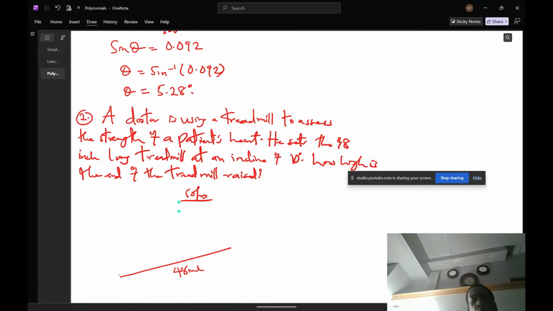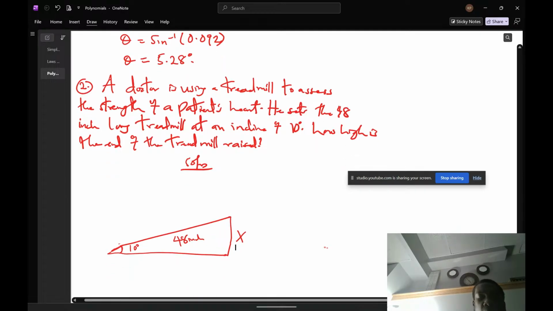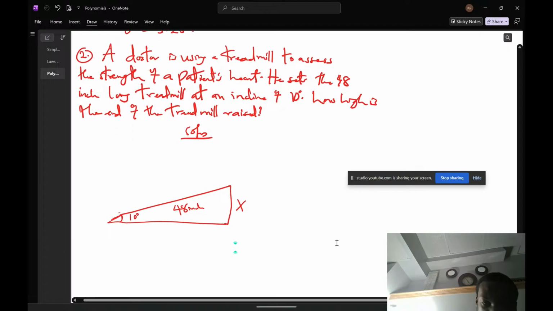It was set at an incline. This is the angle that it was set, of 10 degrees. So how high is the end of the treadmill raised? Now we're looking for this part. Okay. So we have 10 degrees, we have 48 inches.